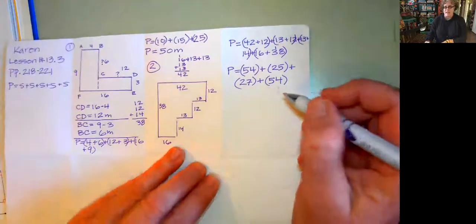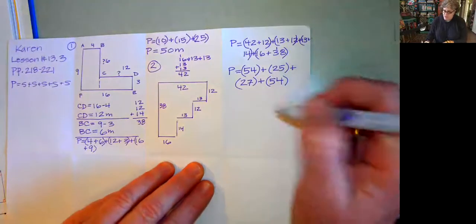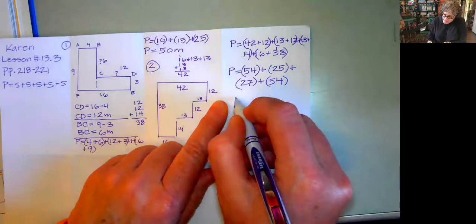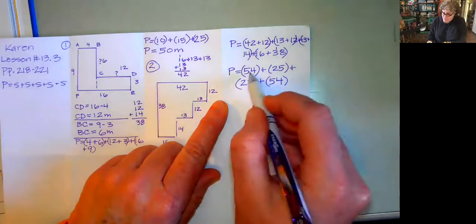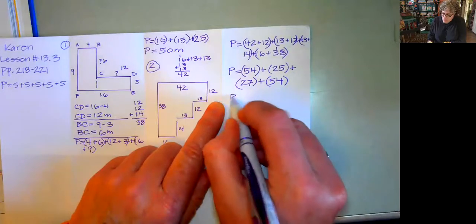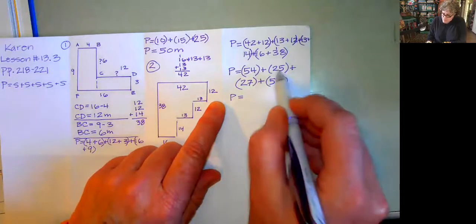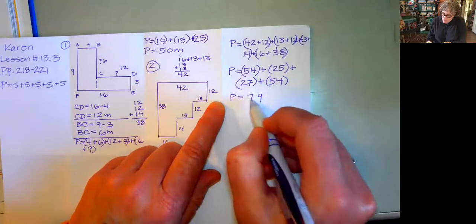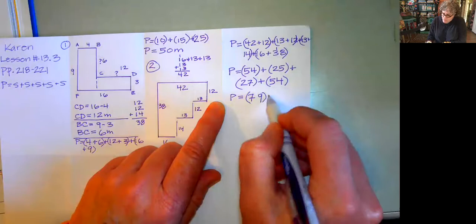So once I've added and I've chunked them together, I can go ahead and stack these. One option is to add these two together and these two together. So you could do that. P equals 4 plus 5 is 9, and 2 plus 5 is 7. So those first two chunks are 79.